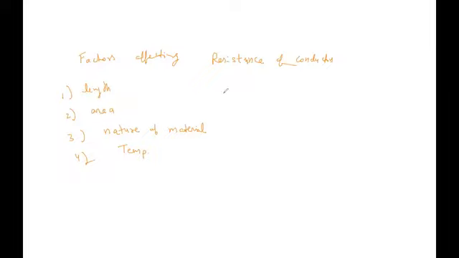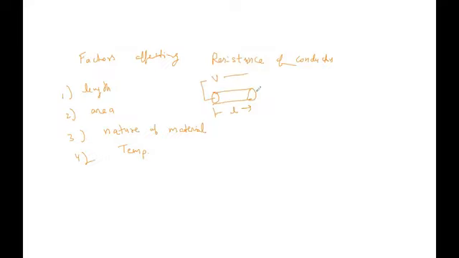Why? Because if this is a conductor, a conductor rod, this you will consider as the length. Which thing do you consider as the length? The one across which you are applying the potential difference. Always remember, because we can say anything as length, breadth and height.